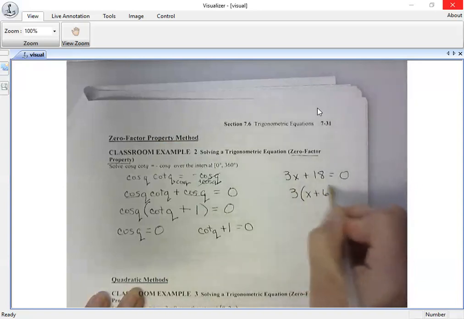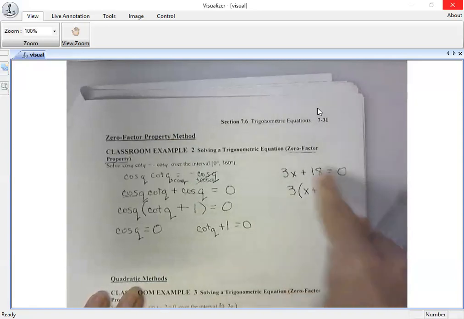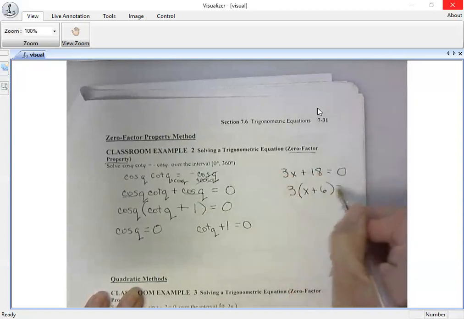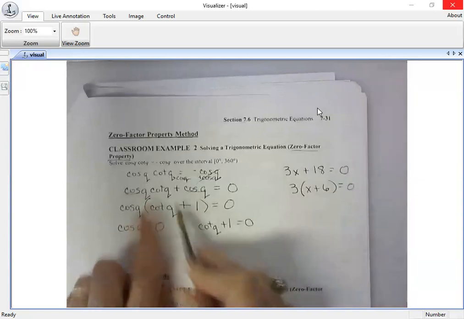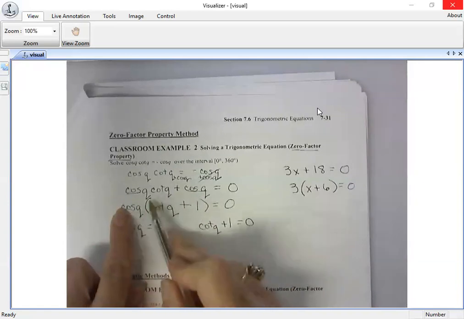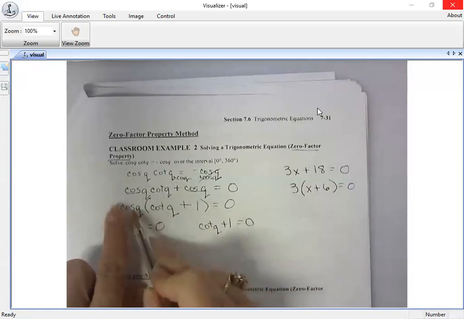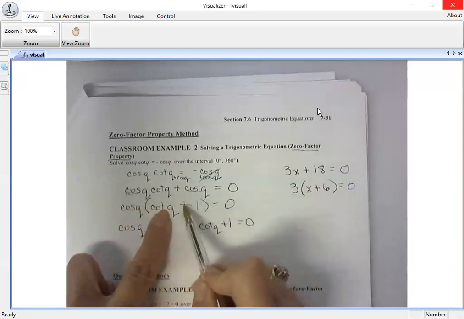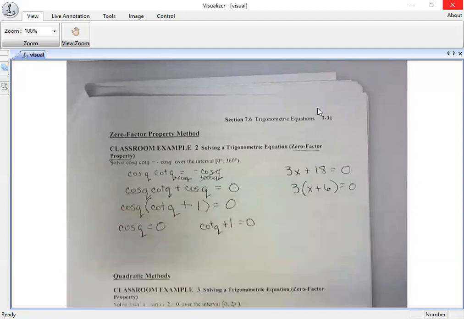Very good, because the whole idea is, if I get this factored right, it means this times this should equal my first term, and this times this should equal my second term. Correct? That's all we've done here: I've looked for the common factor, I write it down, I open a parentheses, and I say this times what gives me back this first term, everything that occurs before the plus sign. And then I put the plus sign, and this times what gives me back that. So that's how we got it factored.